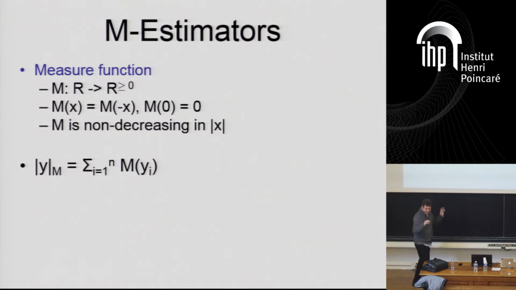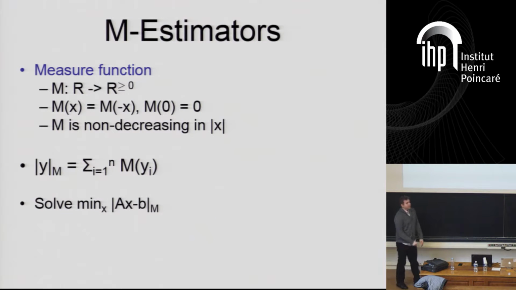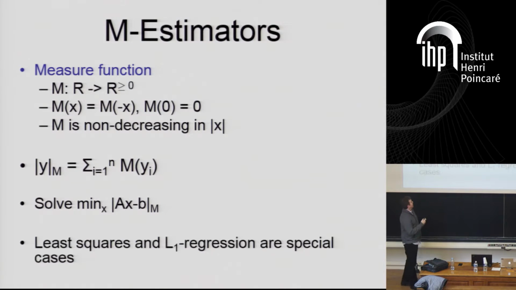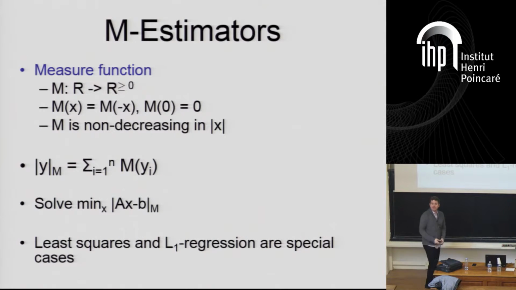It's not a norm, but let me just call it that. So the M norm of a vector y is just the sum of M applied to each of its coordinates. And given that, I can define a regression problem. I try to find an x which minimizes the M norm of Ax minus b. And you can see that least squares and L1 regression are special cases where M was the square function or the absolute value function.